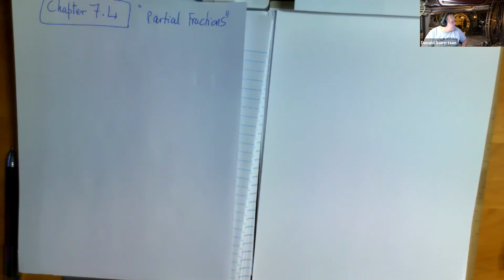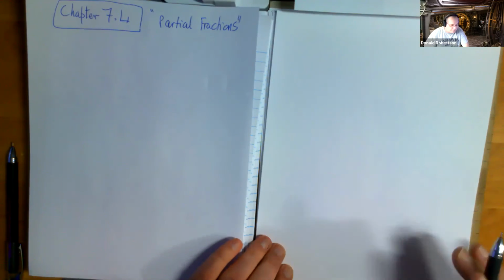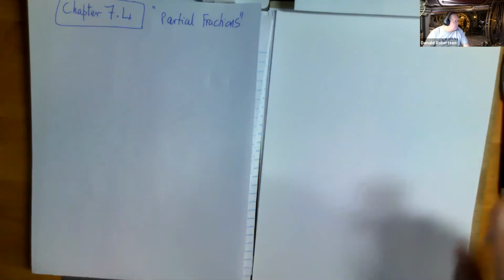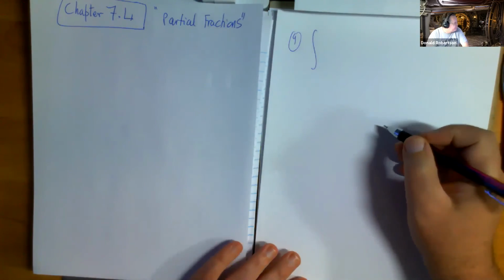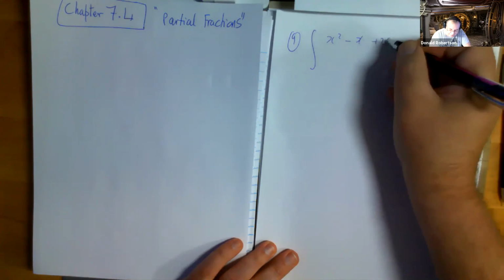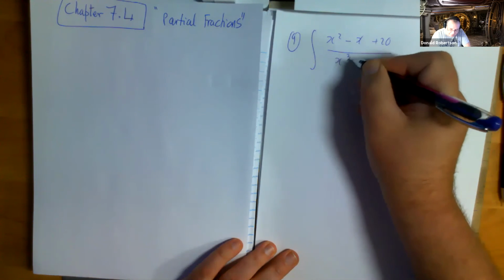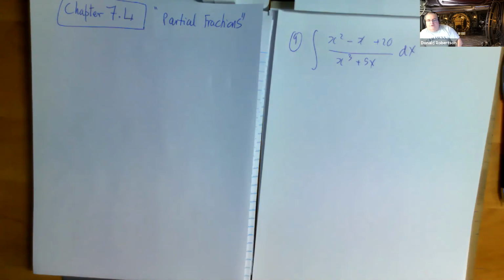So now we have to move on, and I'm going to talk a little bit about question 9, but only for setting up purposes. If you were doing question 9, would you agree it's not really written in the form that partial fractions needs to be written in?